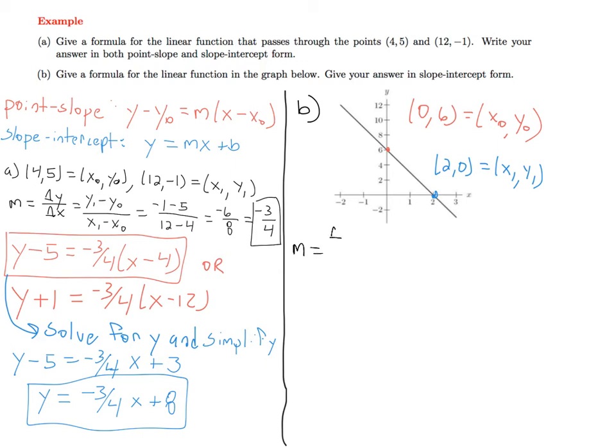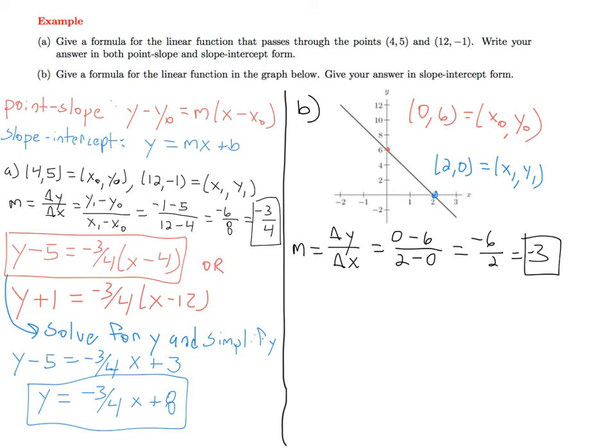which is the change in y over the change in x. So in this case, my y1 is 0, my y0 is 6, so I get 0 minus 6. The line has decreased by 6 units when I increased x by 2. So my x1 is 2 and my x0 is 0. So this gives me -6 over 2, and so I have a slope of -3.